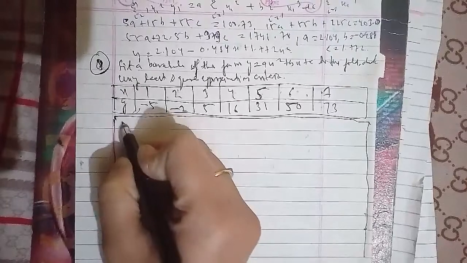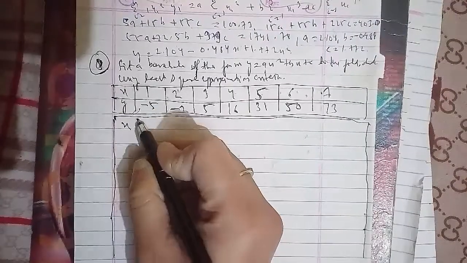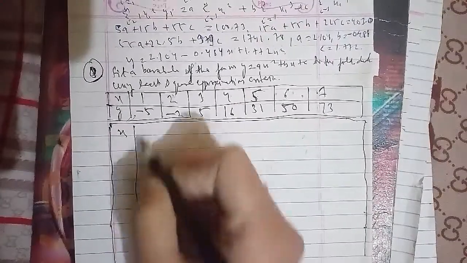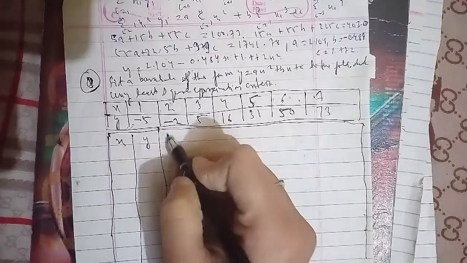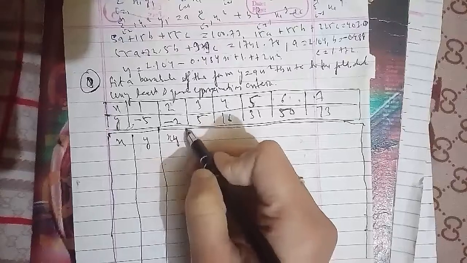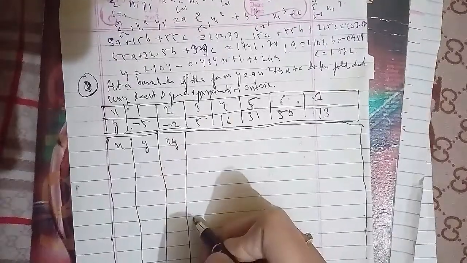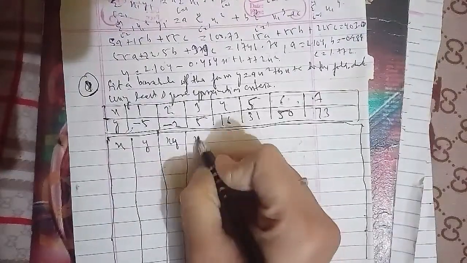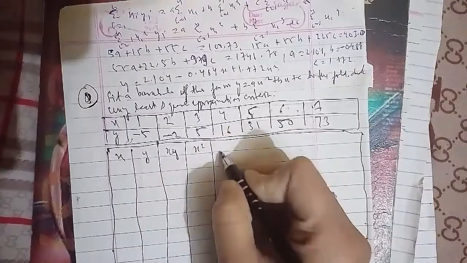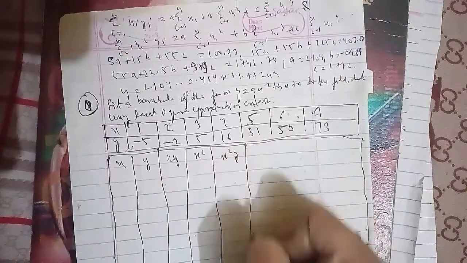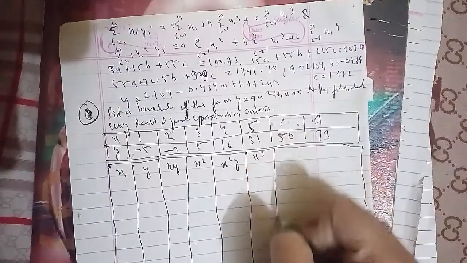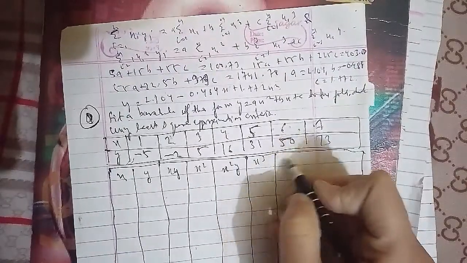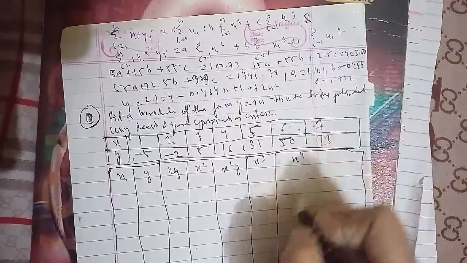For the same, it will be your x value, for y, then xy, then x square y, x cube and x4 that we have.